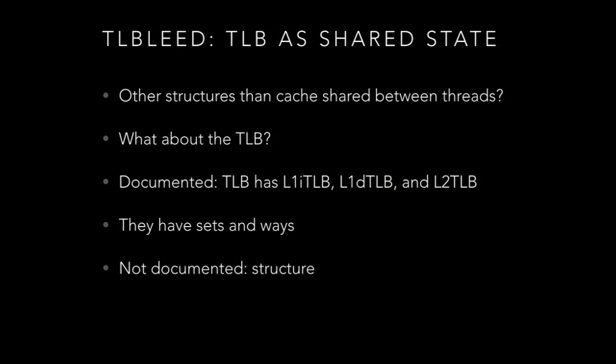Sets are just like you saw with the memory cache: we have blue and red, they're completely separate, so there's a blue set and a red set. And within a set, we have 12 or 16 entries that are just a pool, so there could be anything in there. But this is usually a very small set. So we know that the TLB has this partitioning, just like the cache does, and that's very important for us.